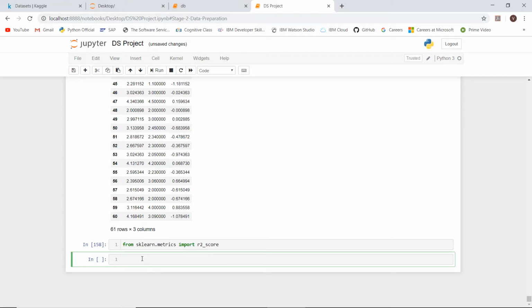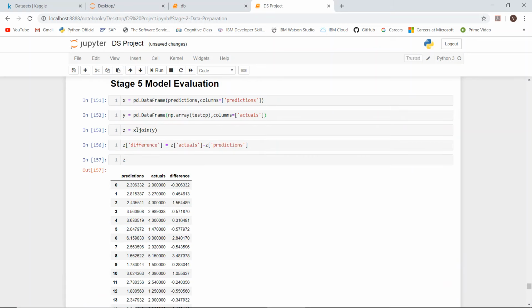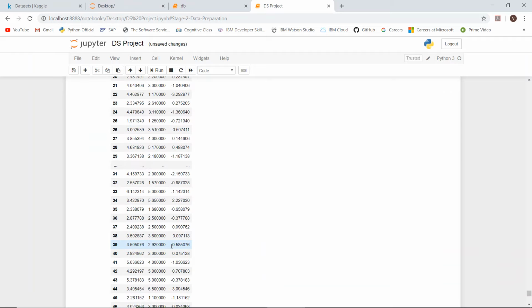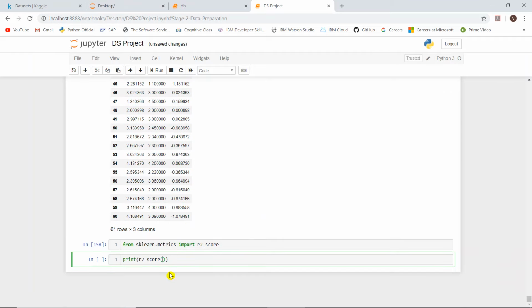Okay, so print r2 score of the predictions, comma, in which we are having this one, x and y. Okay, so x comma y.